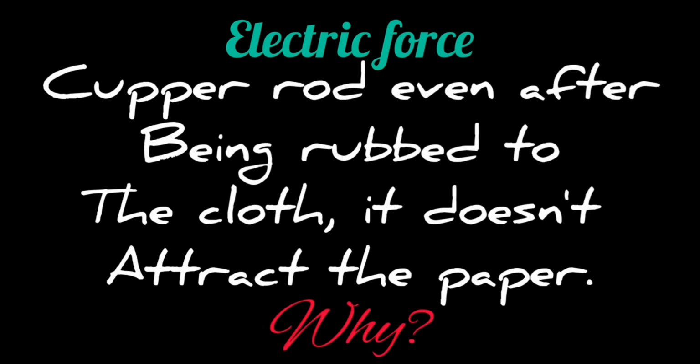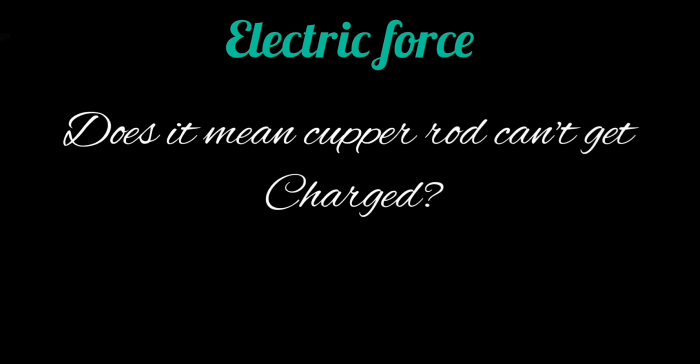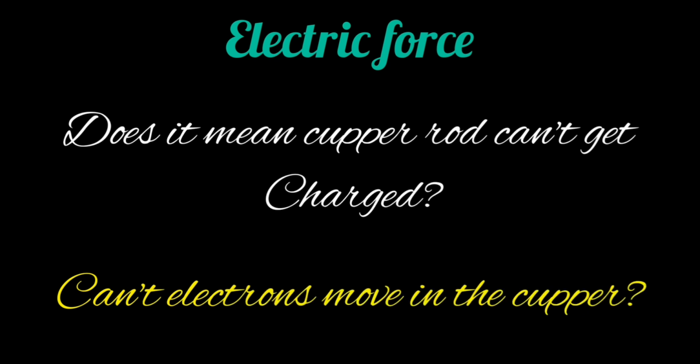If we rub a copper rod with the same piece of cloth, we see that it does not attract the paper. You might get the result from this observation that electrons can't move in the copper rod to make it charged. But if we do the same experiment with the glove in hand, this time the copper rod would attract the paper.